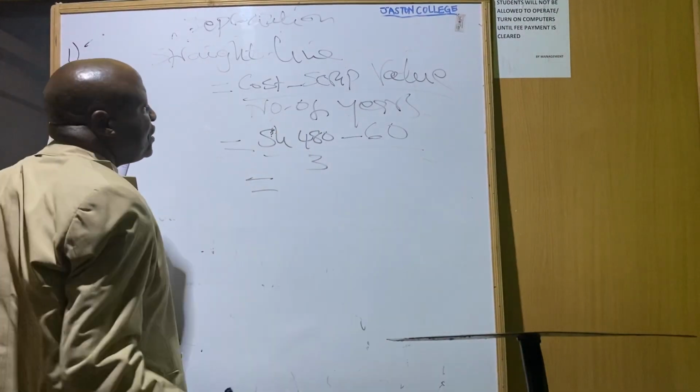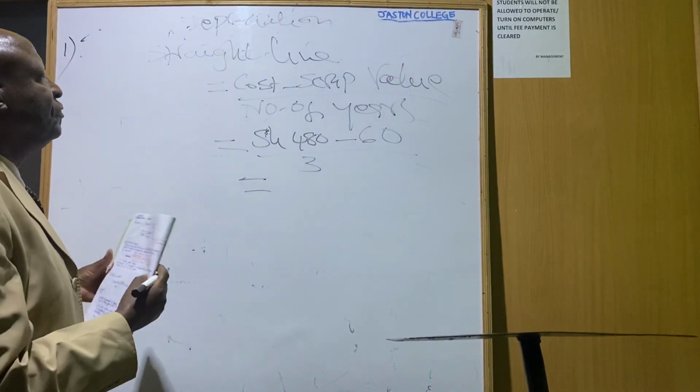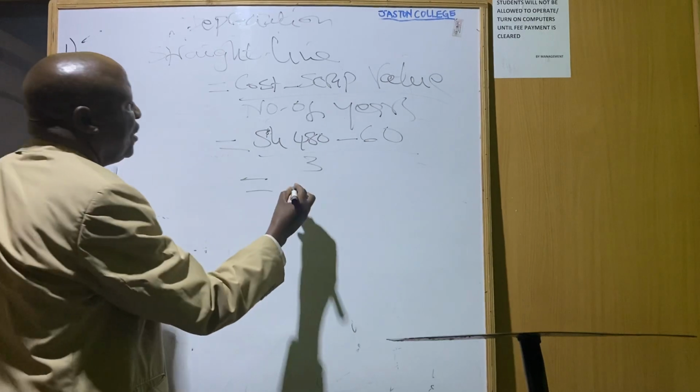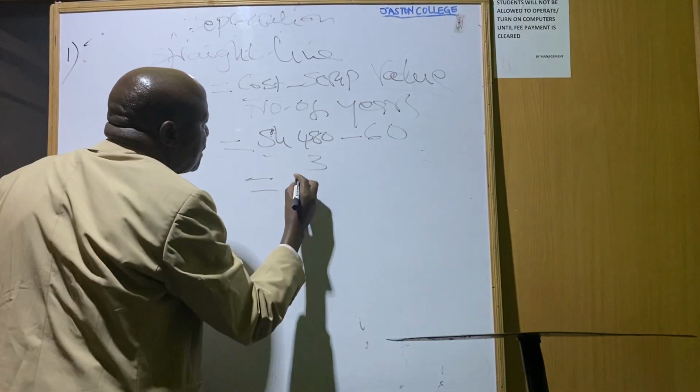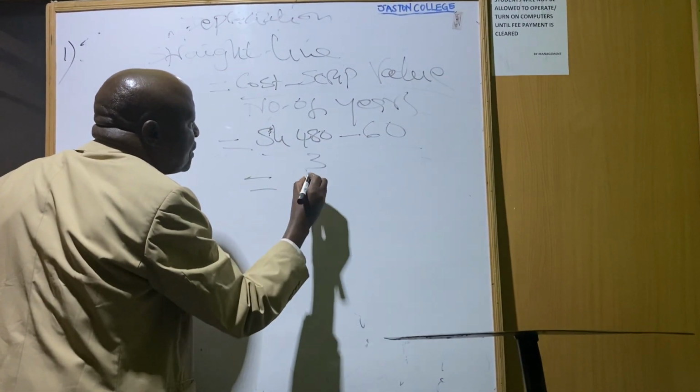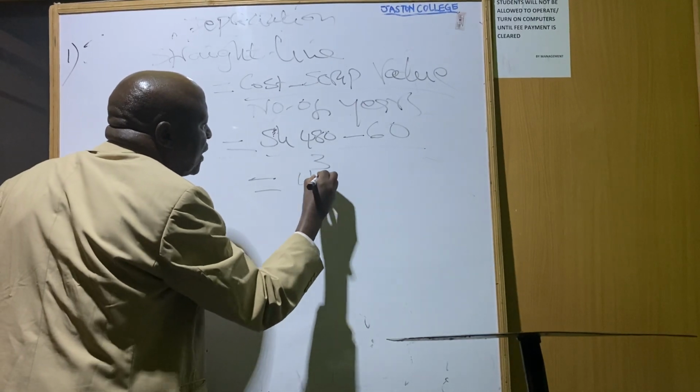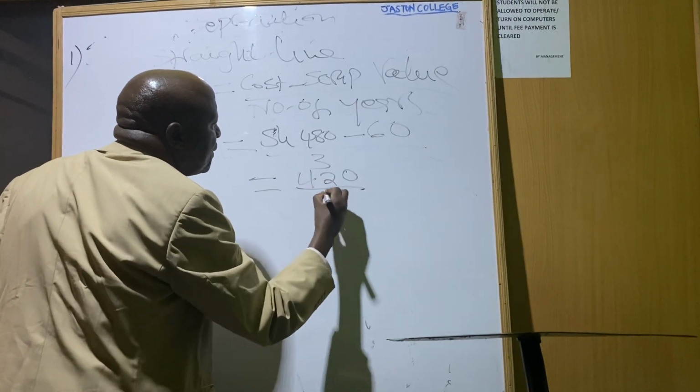When we divide this, 480 minus 60 will be 420. 420 over 3.